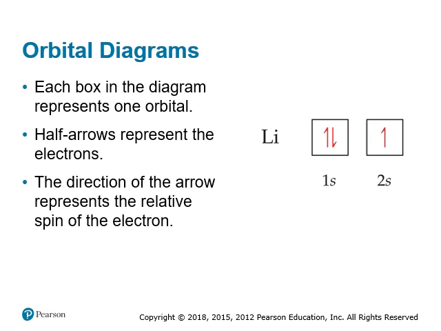An orbital diagram is going to be a graphical representation as to the ordering of the electrons from lowest to highest energy. We typically use half arrows, or arrows pointing up and arrows pointing down, to indicate the electrons.